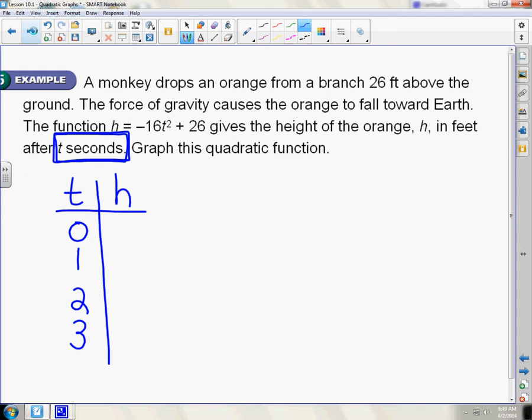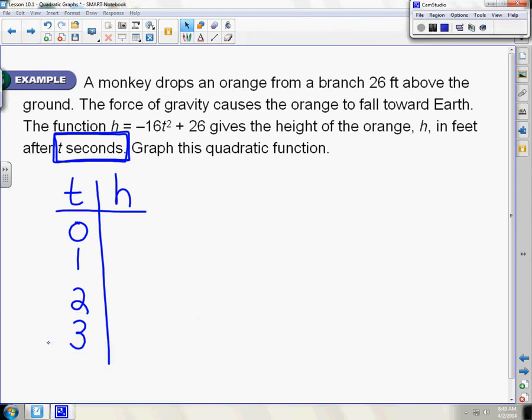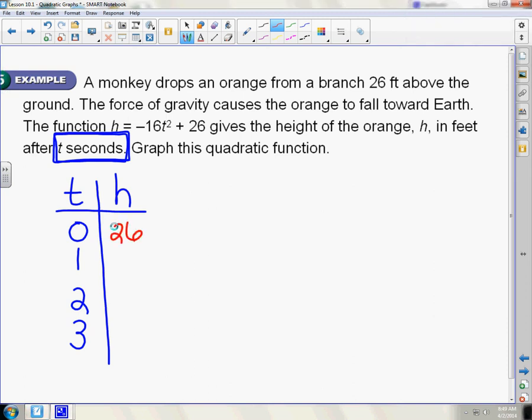I have to grab a calculator real quick. Okay, so first I have 0. That's pretty simple. 0 squared times 16t is 0 plus 26. So that's 26.